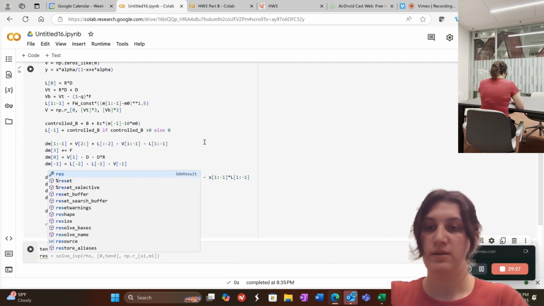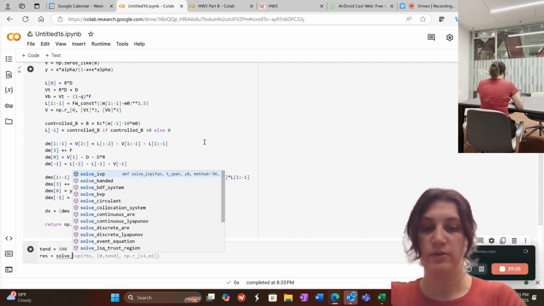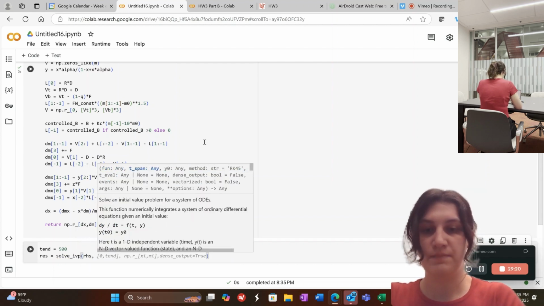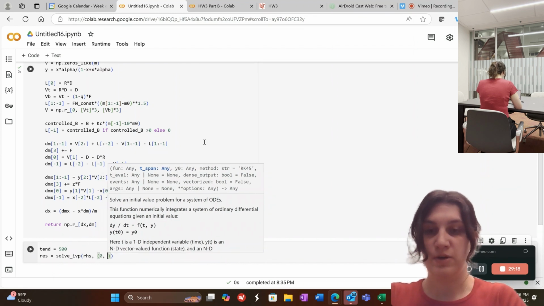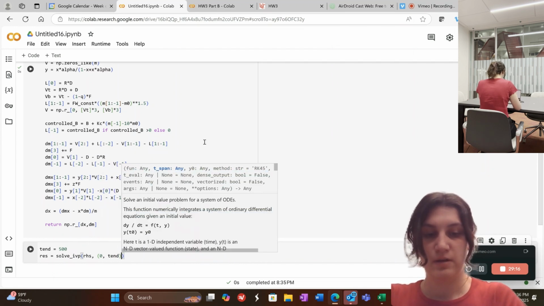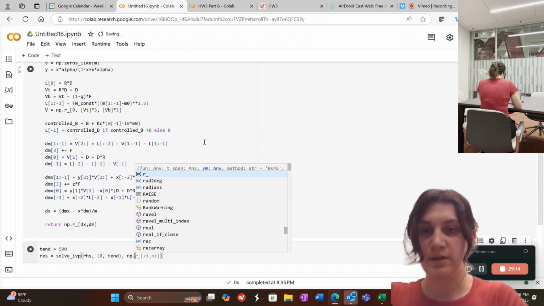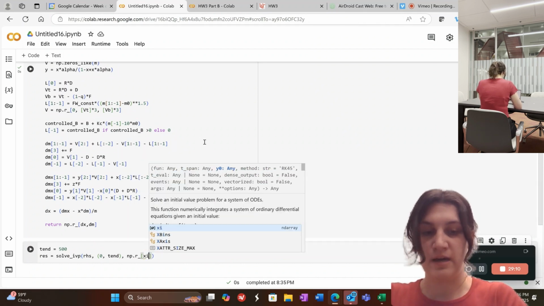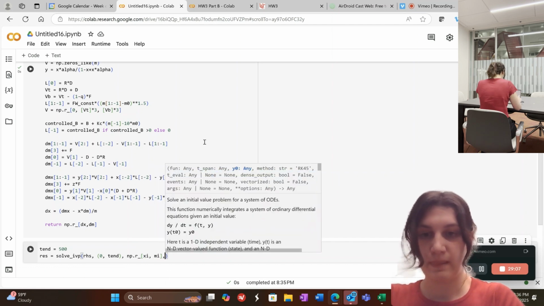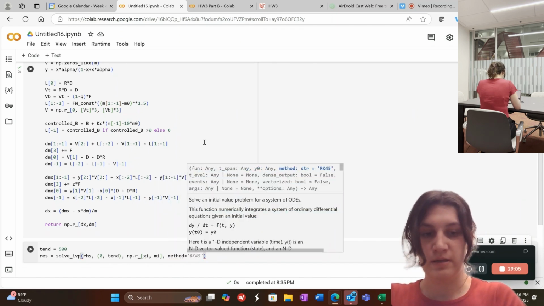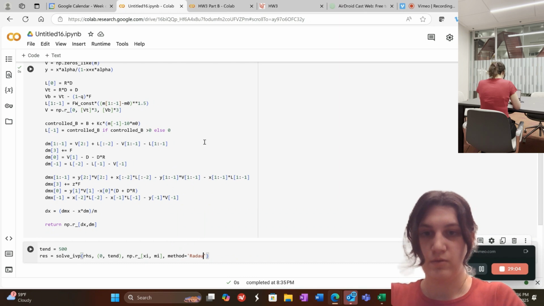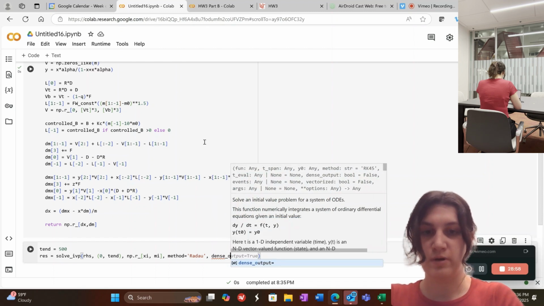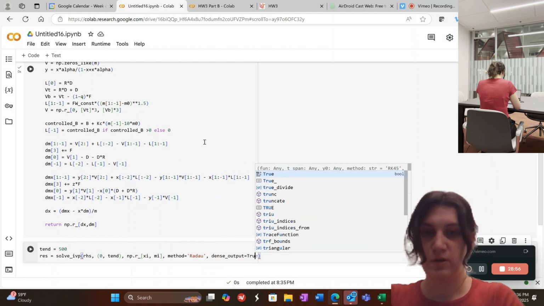Now we can say res equals solve_ivp. Our function is our right-hand side. Our time is 0 to t_end. Our initial guesses, we're going to concatenate, and it was xi and mi. Method is Radau, and then dense_output is true.